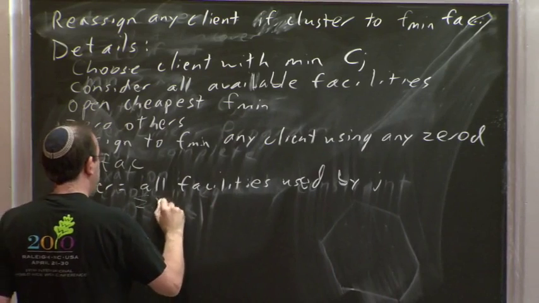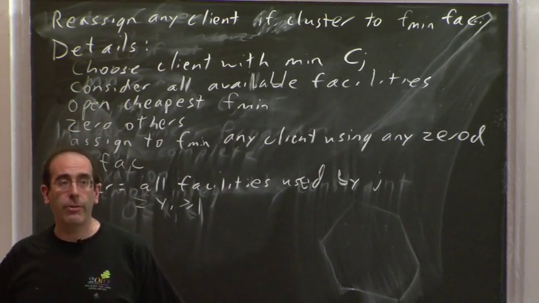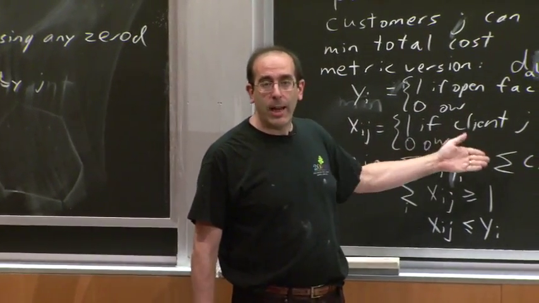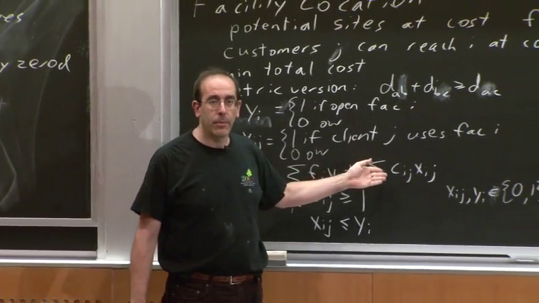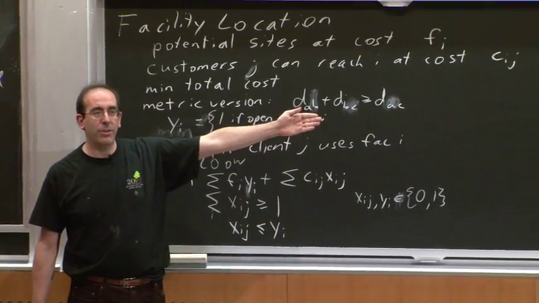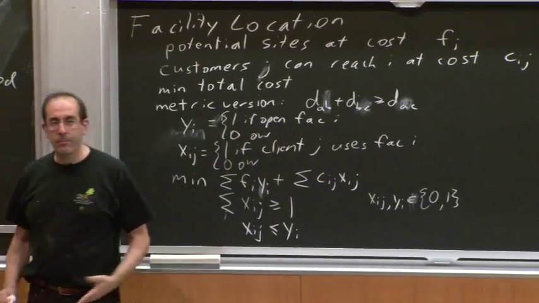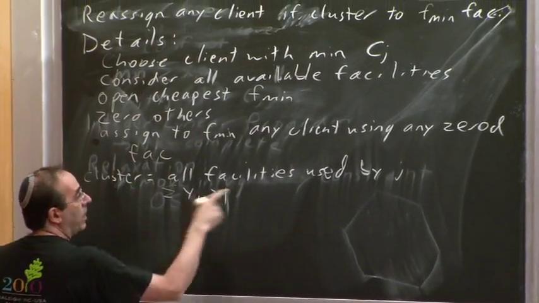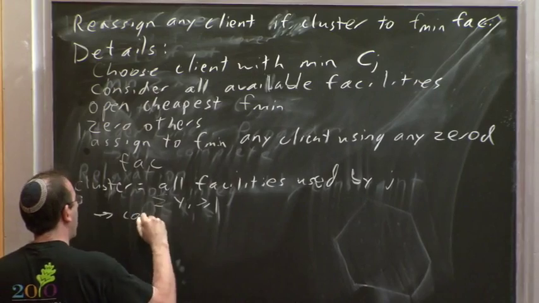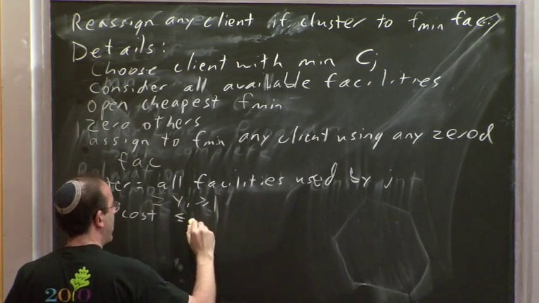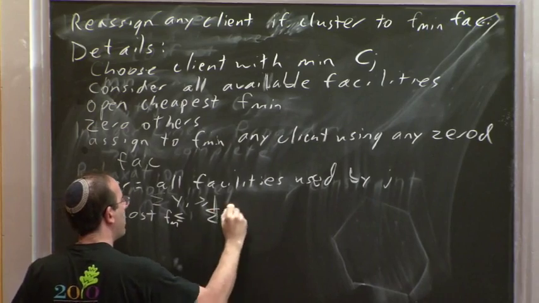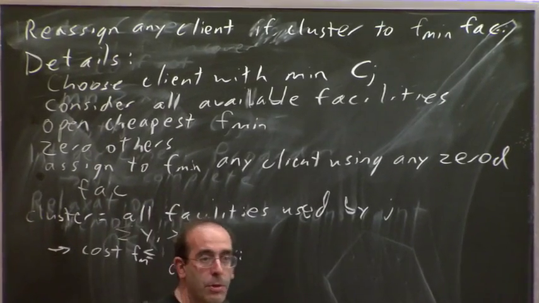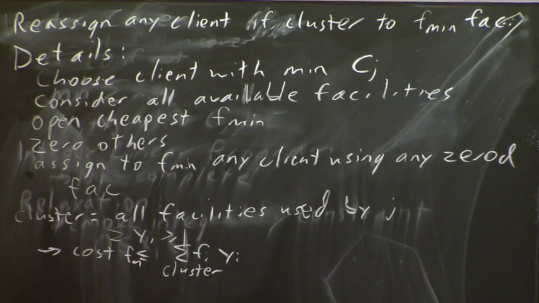Well, that means that the sum of their yi's is at least 1, because that's one of the requirements of this linear program, that every client has to have a whole facility available. Okay. And we sort of temporarily destroyed that by filtering, but then we fixed it by scaling everything up. So the sum of the yi's is greater than or equal to 1, right? And so as I was arguing on the other board, this means that the cost of opening this fmin is at most the sum of the fi's times the yi's in the cluster. So we're doing a good job on the opening cost.